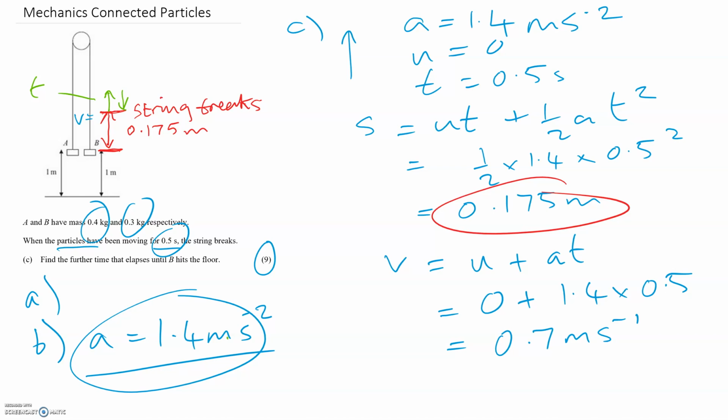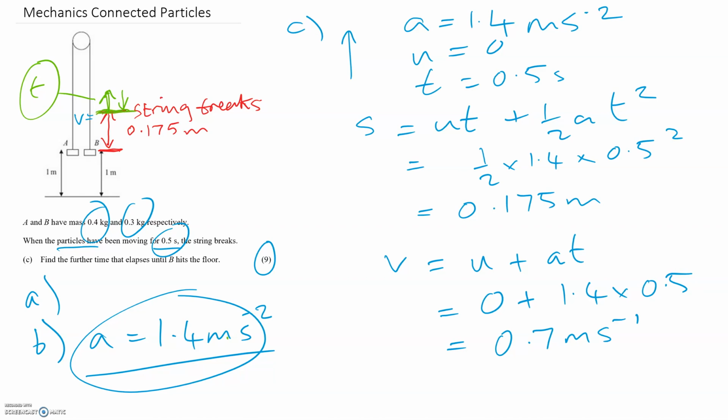So now the string has broken, we can work out this little time it takes to go up here. And then we'll double it. That will be the time it takes to go up and down and get back to this height.